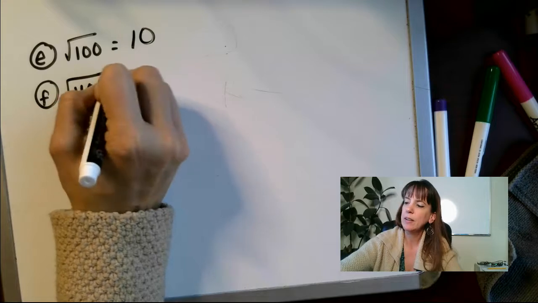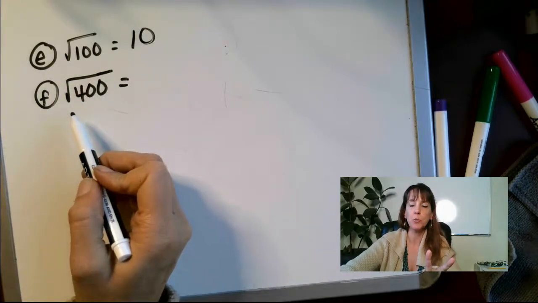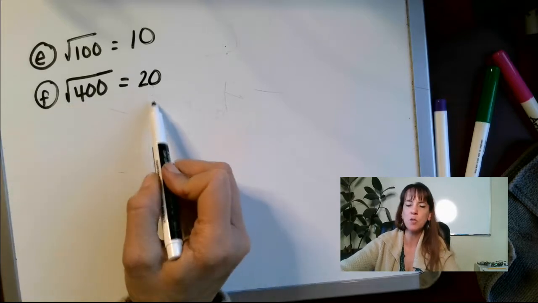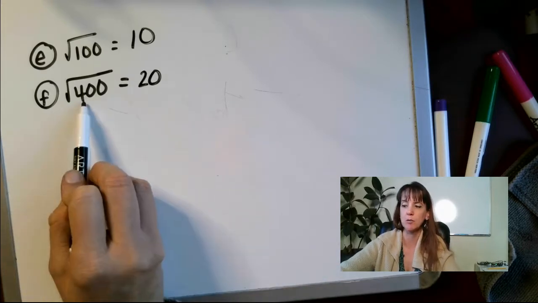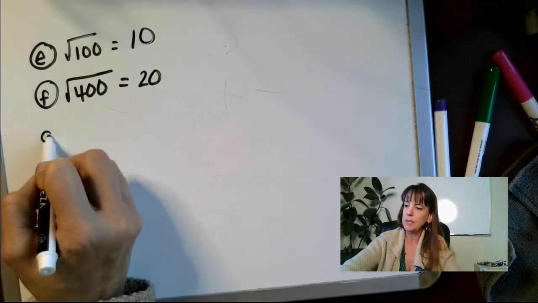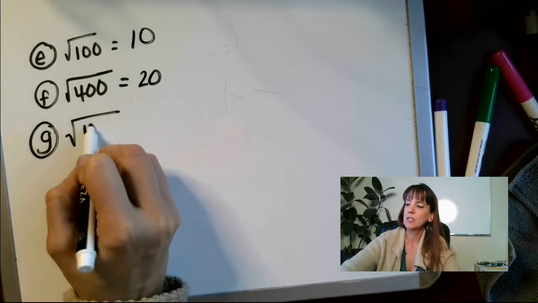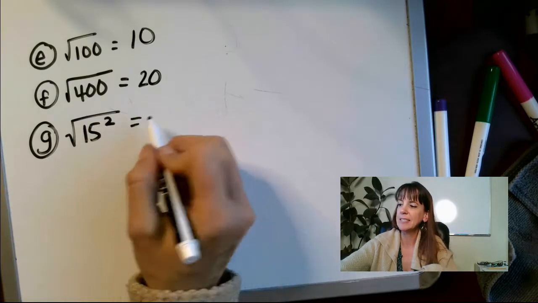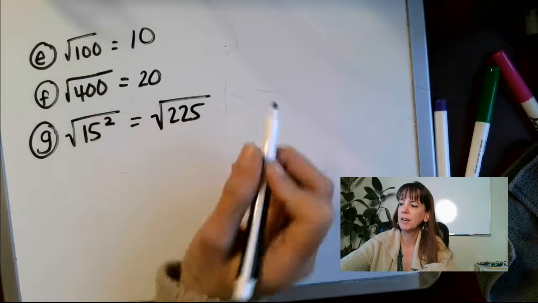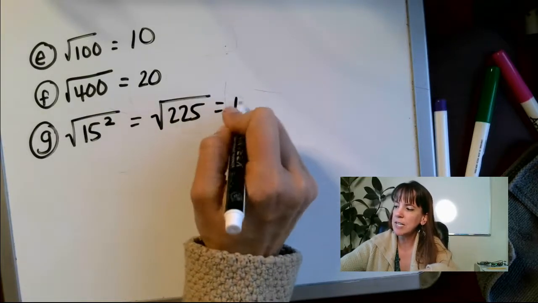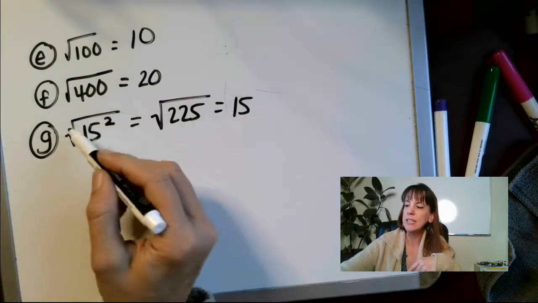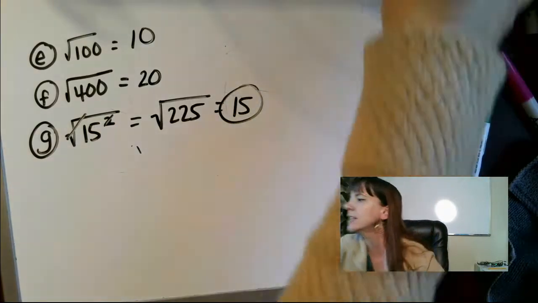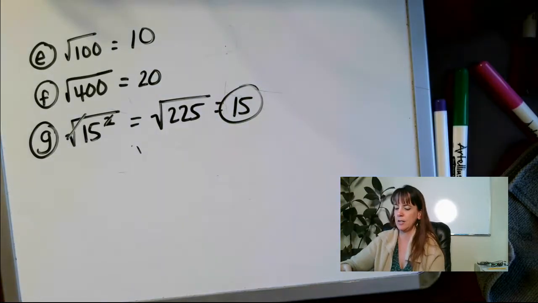Now, knowing that the square root of 4 is 2, this is going to be 20, because 20 times 20 would be 2 times 2 is 4 with 2 zeros, right? G, oh, this is a fun one. The square root of 15 squared, guys, this 15 squared is 225, but the square root of 225 is 15. So all it is, this cancels out with that. So your answer is 15.